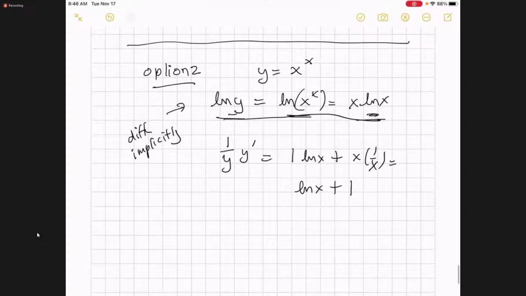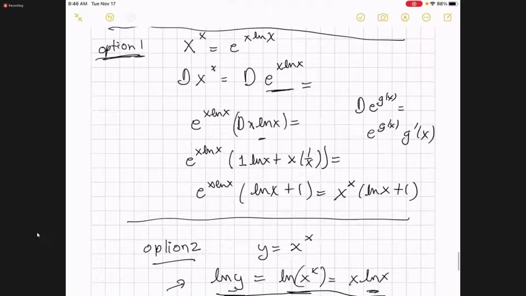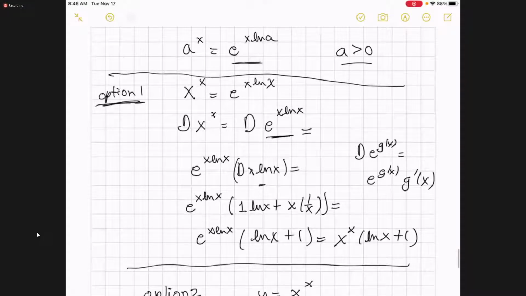Multiplying both sides by y, y prime is y times (ln x plus 1), but y was equal to x to the x. So that's the way you handle a variable base with a variable exponent, one of those two ways. Any questions about that problem?